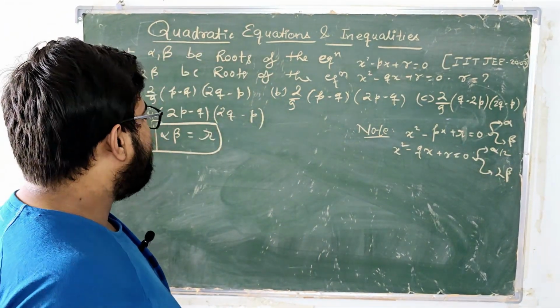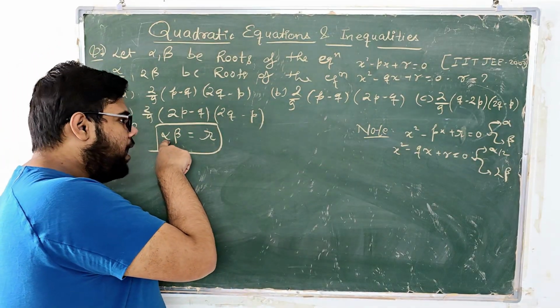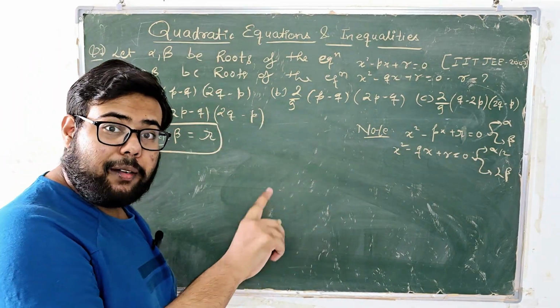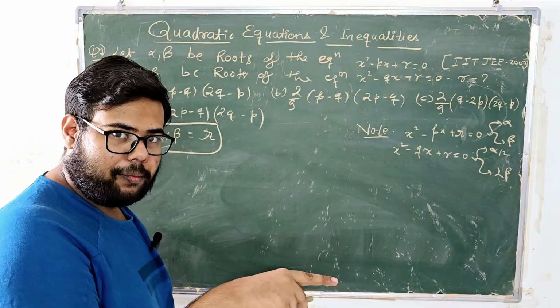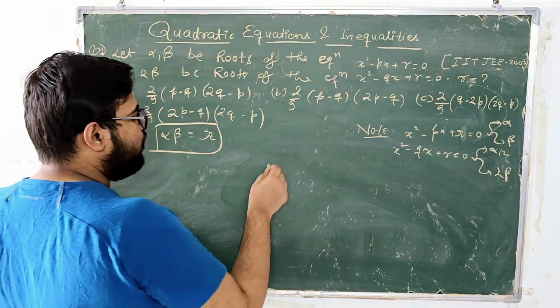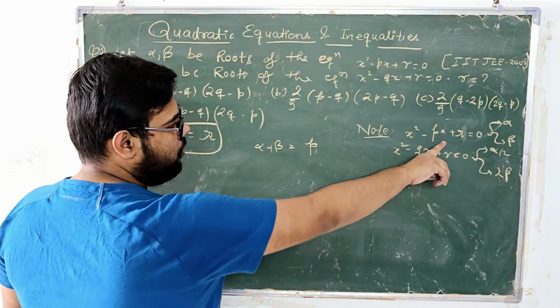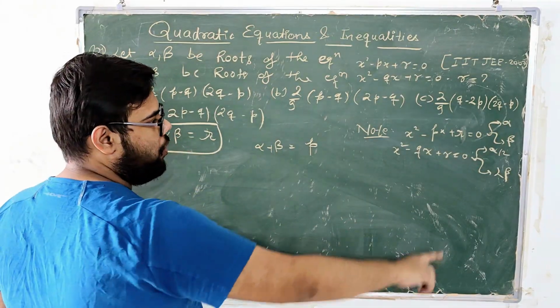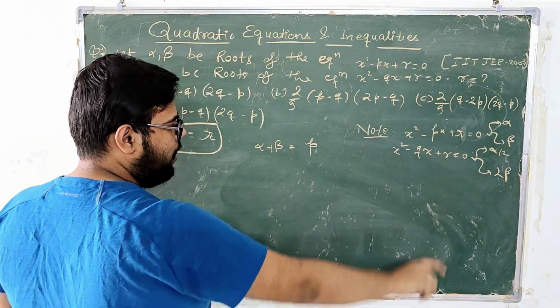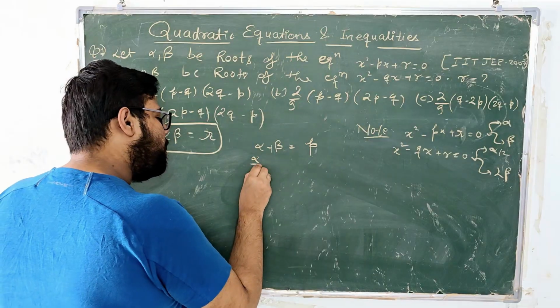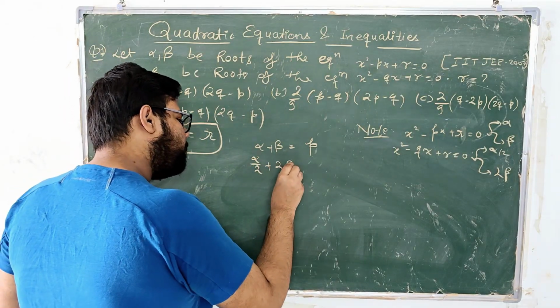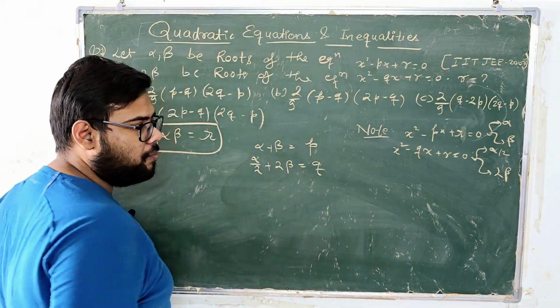So we have to write alpha in terms of P and Q and beta also in terms of P and Q. We know another formula: alpha plus beta will be equal to P, since the sum of roots is negative the coefficient of x. And alpha by 2 plus 2 beta is equal to Q, correct?